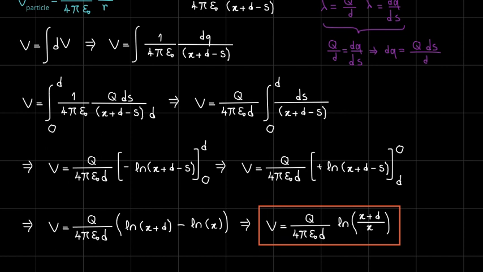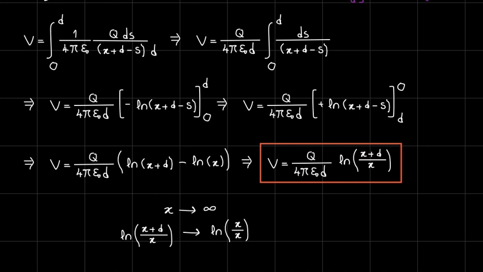It's equal to capital Q divided by 4 pi epsilon 0 d times ln of x plus d divided by x. If x is much larger than d, or x goes to infinity, we can ignore the d next to x in the numerator. So the ln term reduces to ln of x divided by x, which is basically ln of 1, and that's equal to 0.